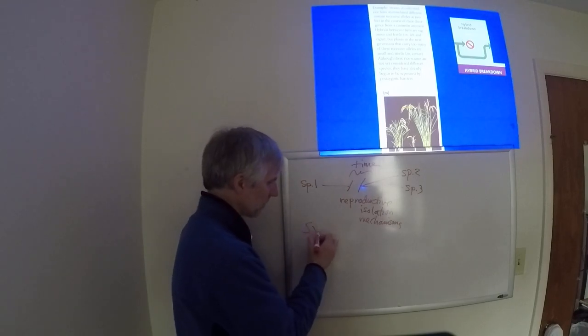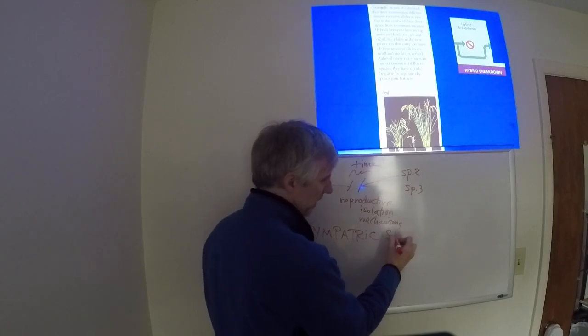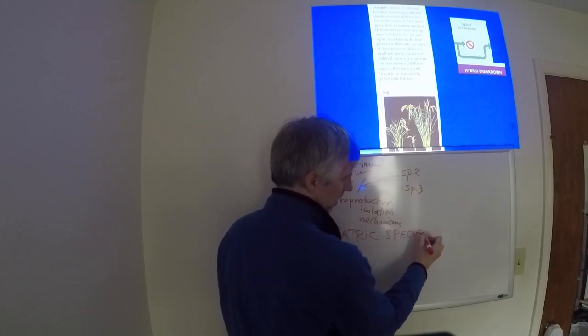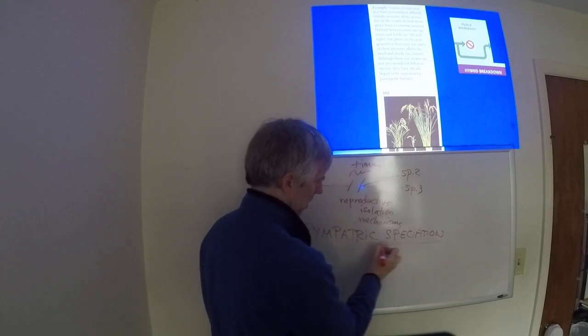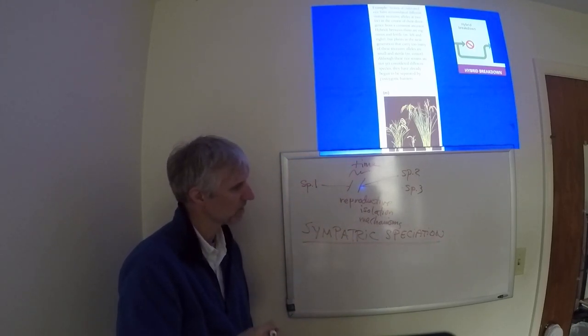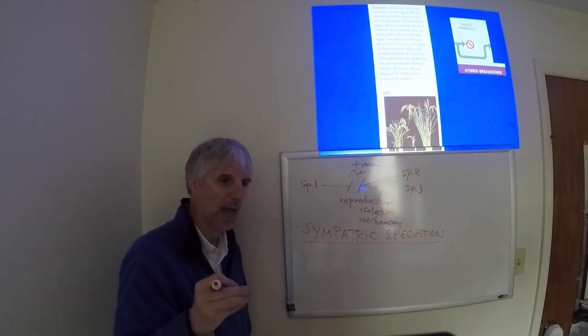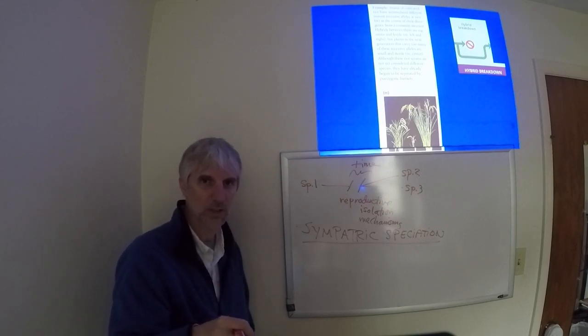Now, this other type of speciation is called sympatric speciation. In sympatric speciation, the speciation is going to happen in one location. It's going to happen in one spot.